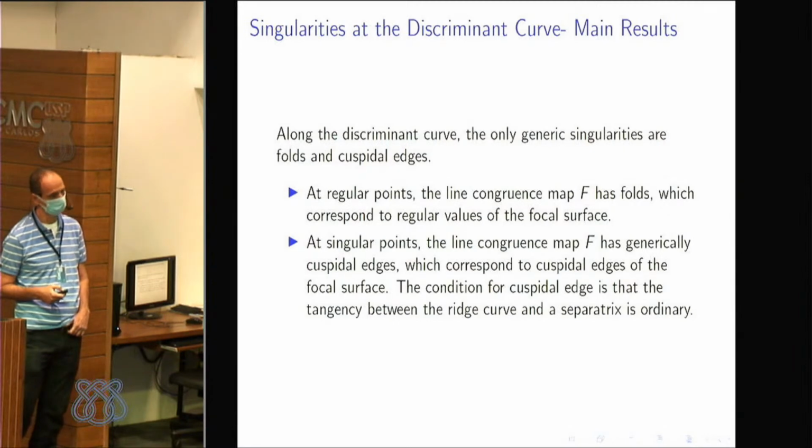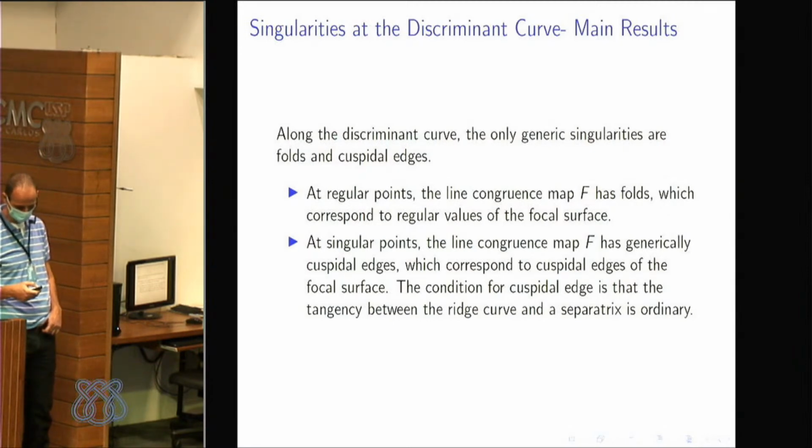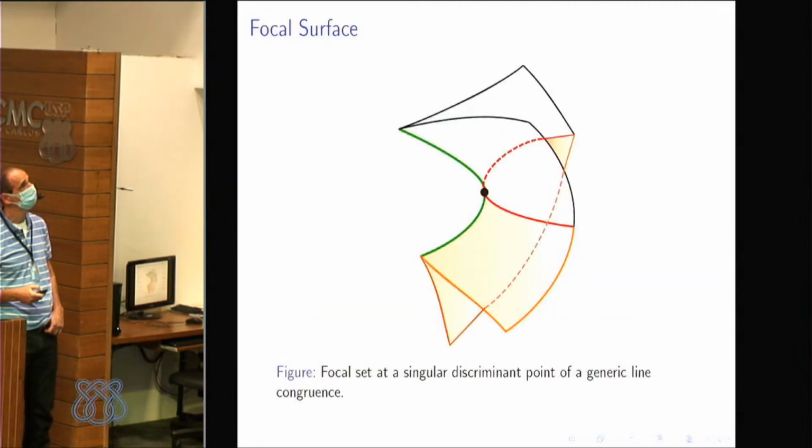So geometrically, I am saying that these are the only possible singularities of the line congruence. Here is a fold which corresponds to a smooth point of the focal surface, and here is a cuspidal edge.